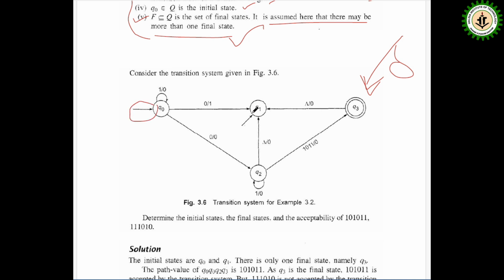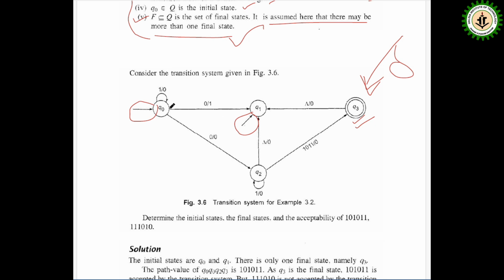This arrow and this arrow signify that Q0 and Q1 are the initial states. A single arrow pointing towards a state means that this is the initial state. In Q3 we can see that there are two circles, so it defines that Q3 is the final state.